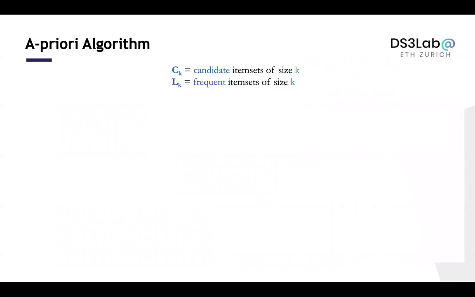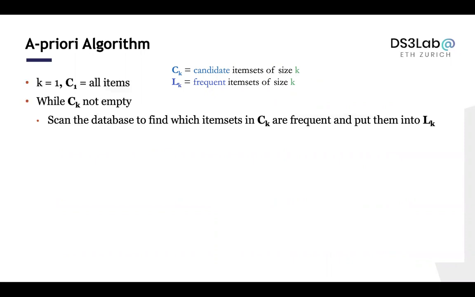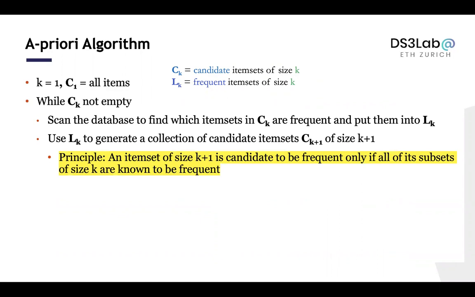So now let's make that algorithm a little bit more concrete. Let's talk about some ways to generate candidate sets. So essentially, what do we want to do? When you generate a candidate, one principle is that an item set of size K plus 1 is a candidate to be frequent only if all of its subsets of size K are known to be frequent.